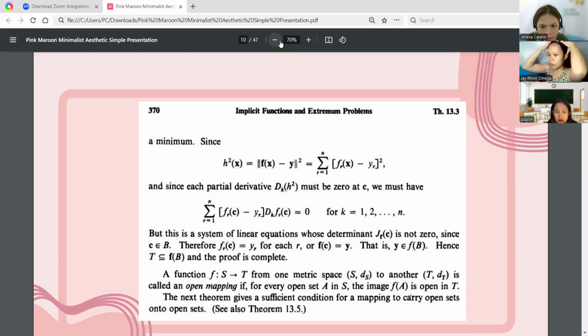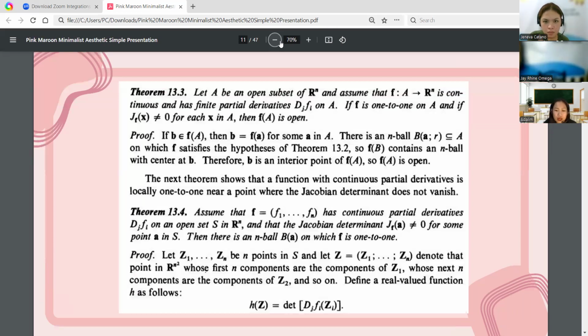A function f from S to T, from one metric space (S, d sub S) to another (T, d sub T), is called an open mapping if, for every open set A in S, the image f(A) is open in T. The next theorem gives, Theorem 13.3.